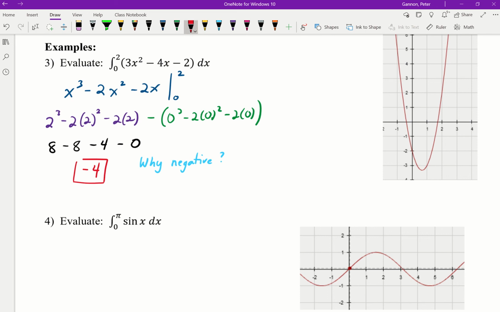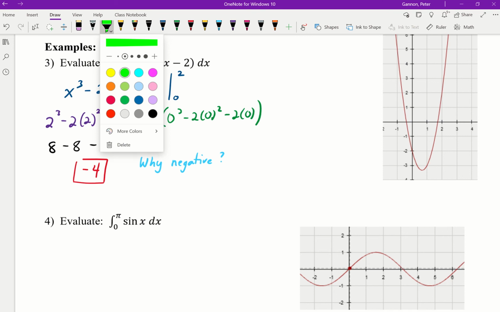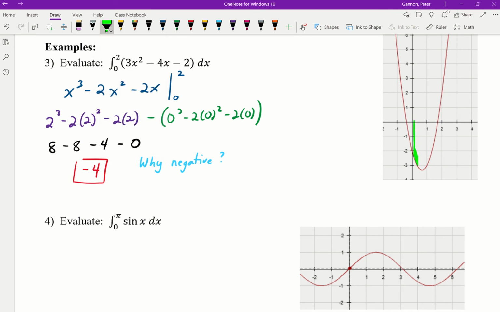All right. If we were to go and take a look on the graph of what we were just finding, we were evaluating the integral from 0 to 2. As you look at this, you've got 0 over here.